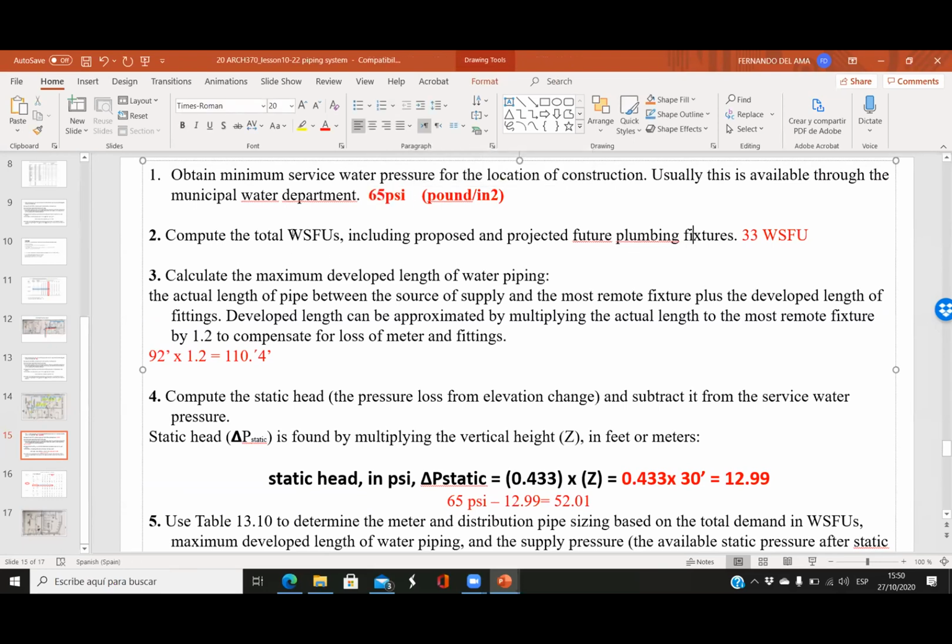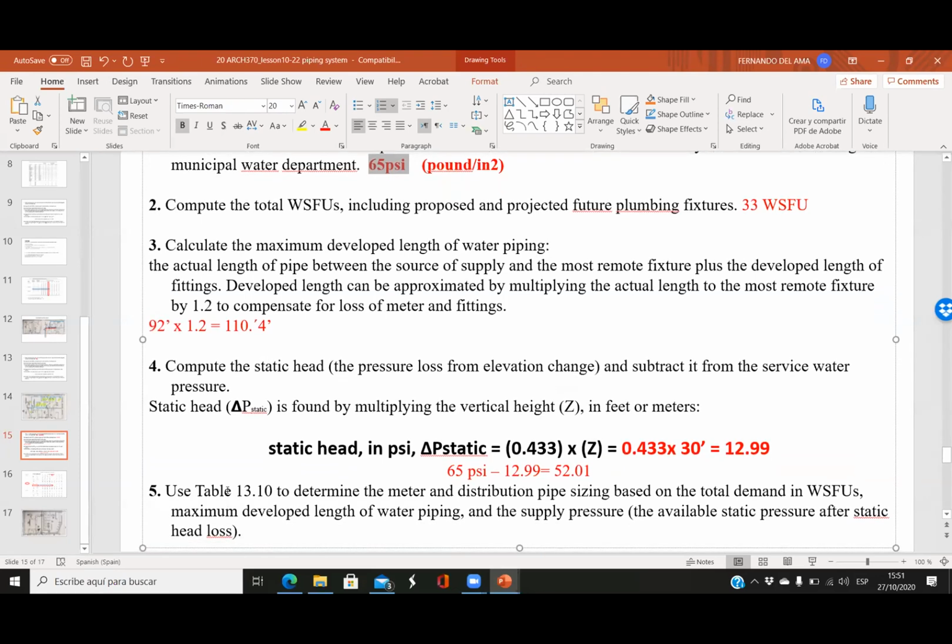Then we need to compute the water supply fixture units. We add all our fixtures up, and this is the total. Then we measure the length from the supply until the farthest point, and we multiply by 1.2. Finally, we compute the static head, or the static pressure loss, which depends on the height, and subtract this number from the surface water pressure.